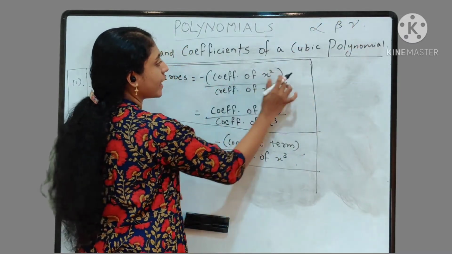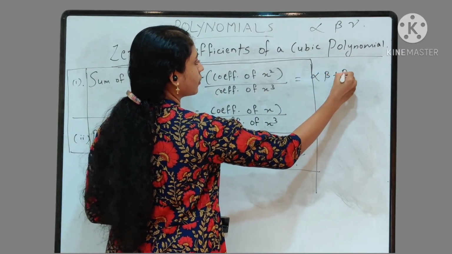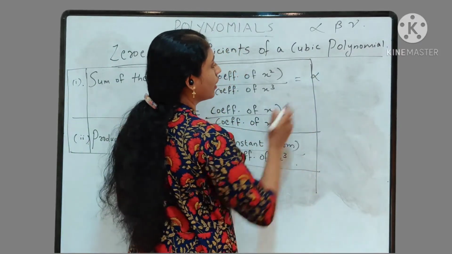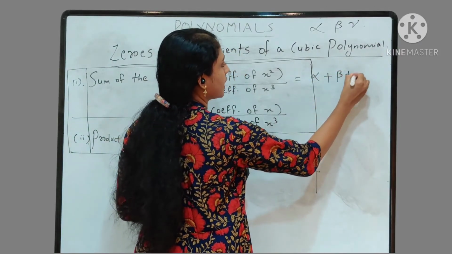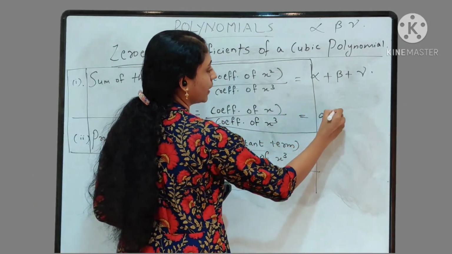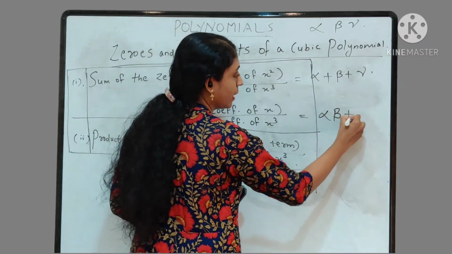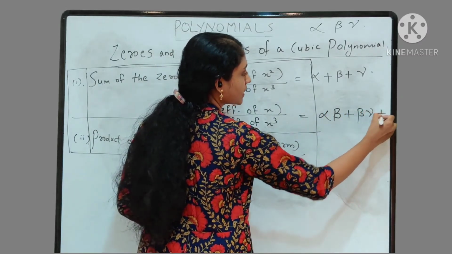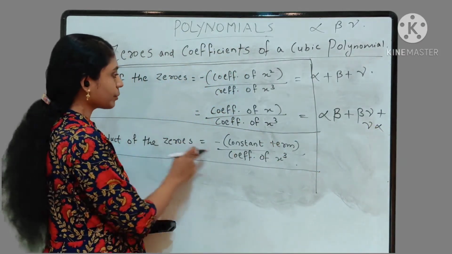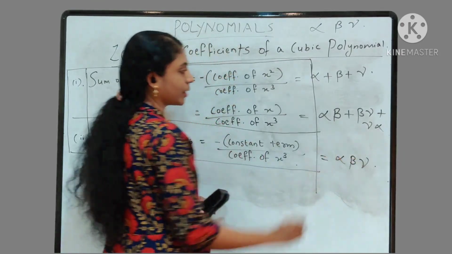Then we got this value as alpha plus beta plus gamma, right? And this formula we got by summing alpha beta plus beta gamma plus gamma alpha, right? And what about the product of the zeros, which is nothing but alpha into beta into gamma.